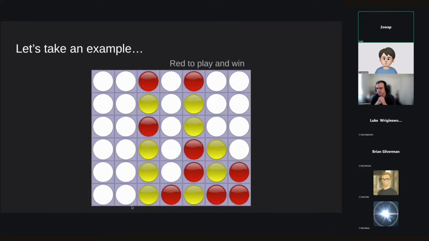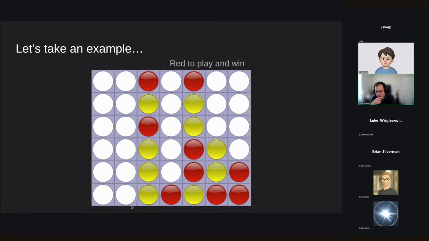So just as a motivating example, here's a Connect 4 puzzle, and see if you can think of how red can play and win. I promise you that this is indeed red to play and win. It's tricky, but I'll give you the opportunity to think about it a little bit. Any ideas? Anything you notice?